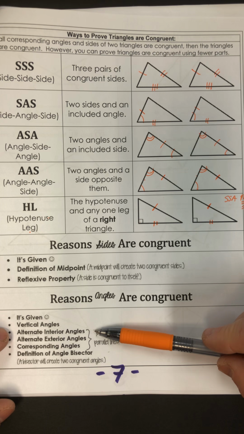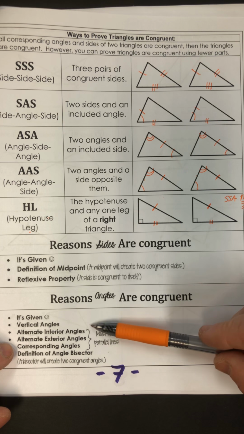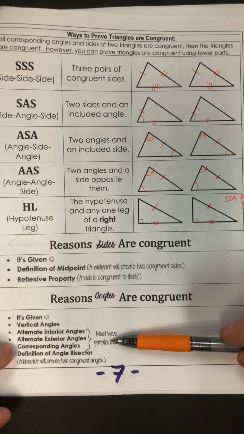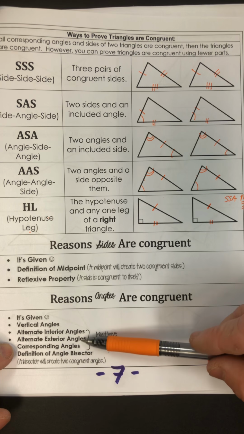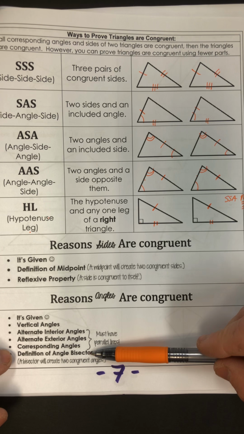They might be alternate interior, alternate exterior, or corresponding. You'd have to see those angle pair relationships first, knowing that the lines are parallel. Then you have these angles congruent. And if you have an angle bisector, that's going to give you congruent angles.